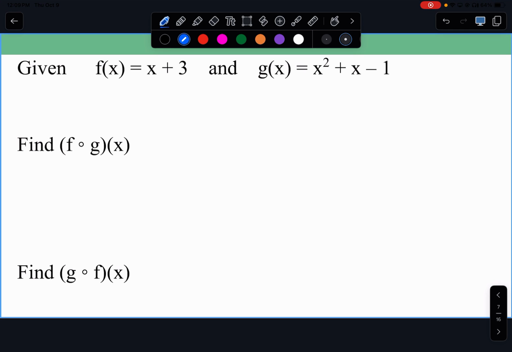So what that means is we're going to take the other function and just replace x with that function. So this first one is f of g of x. I'm going to take this whole thing right here, and we are going to put it in place of x.